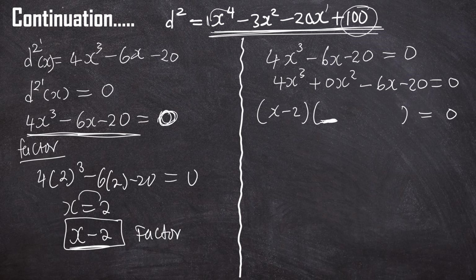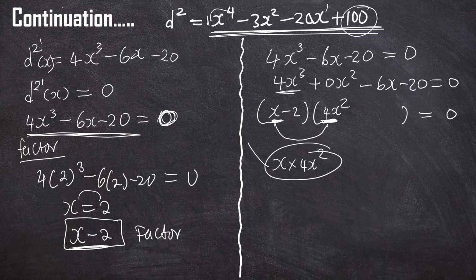You ask yourself, what can I multiply this first term with in order to get x^3? That will be x^2, because x multiplied by x^2 gives us x^3. Hence the term there must be x^2.